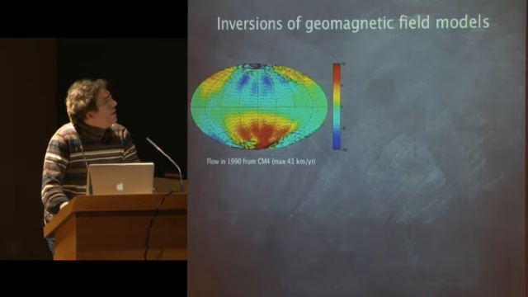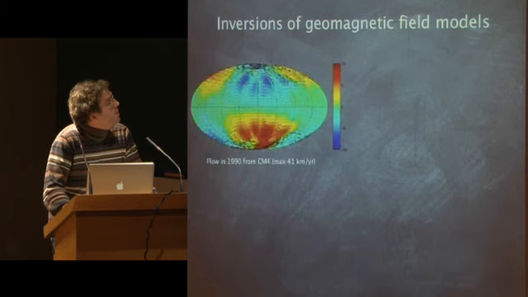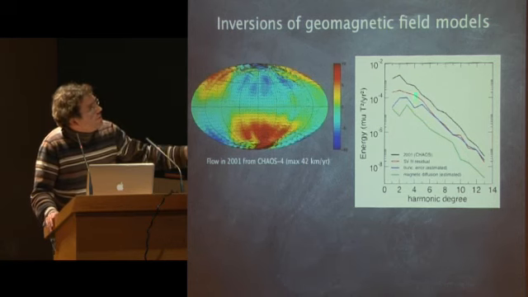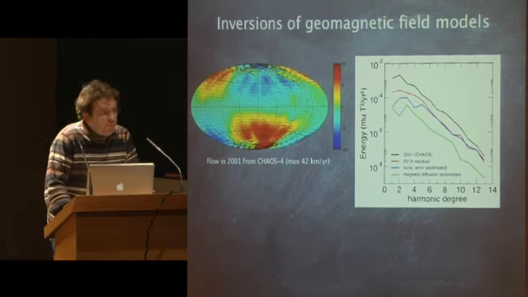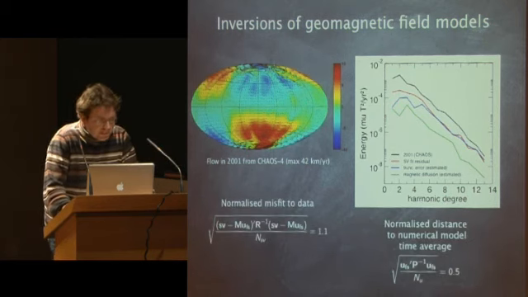So this is 1990. This is 2001 from CHAOS-4. So you see quite a lot of variation. So this is the typical quality of the fit to the secular variation. So again, this is the data, this is the residual, red, and these are the errors that are estimated, the underparametrization error, blue, and diffusion error, green.